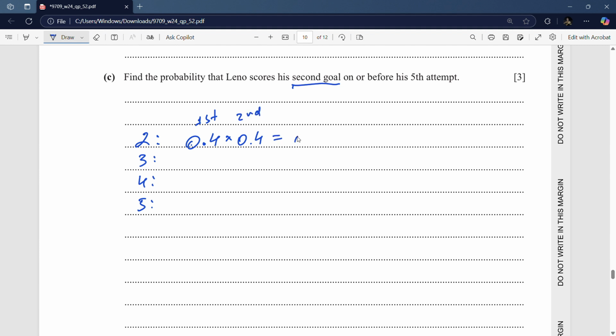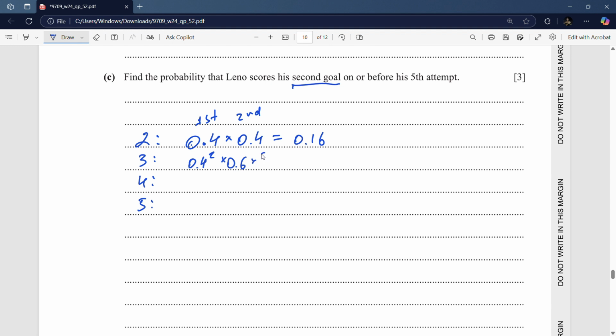Okay, so I think this will be 0.16, and here we use 0.4 squared multiplied by 0.6. So we know for sure that we had one failure and two successes, but we don't know their order. We know that the third attempt was success, but we don't know about the first and second.